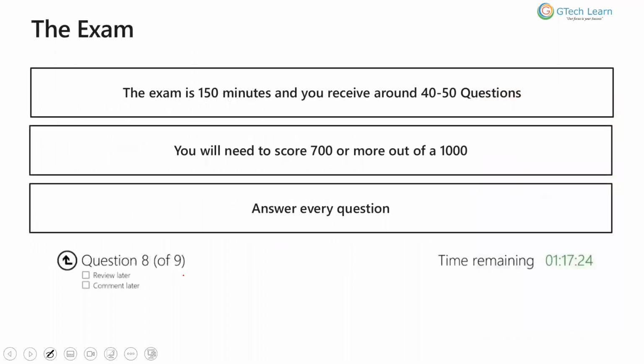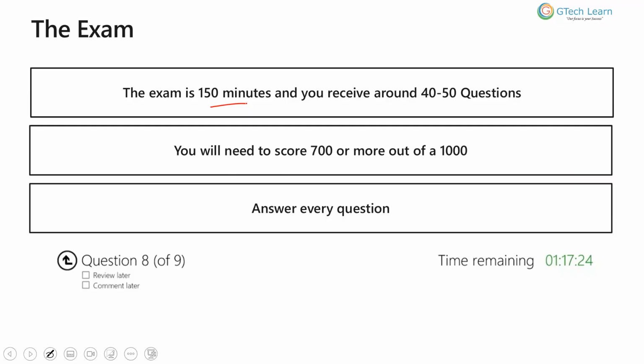Then, what are the exam patterns? How much time will we have, how many questions do we need to attend, how will the questions look, and what is the passing mark? Everything is written on the slide here. You get approximately 150 minutes to complete your examination.